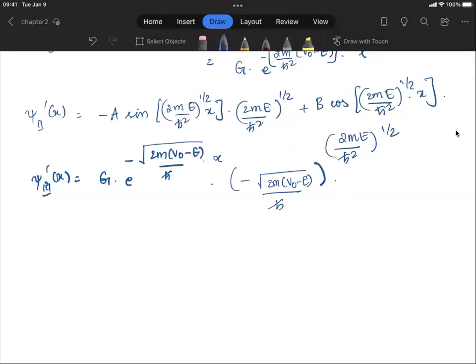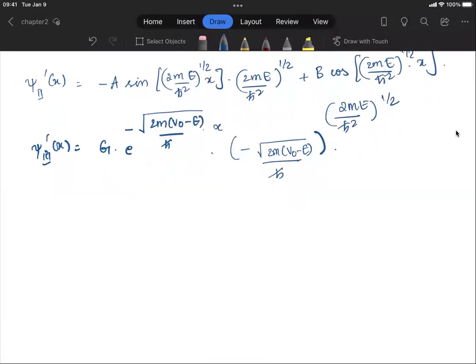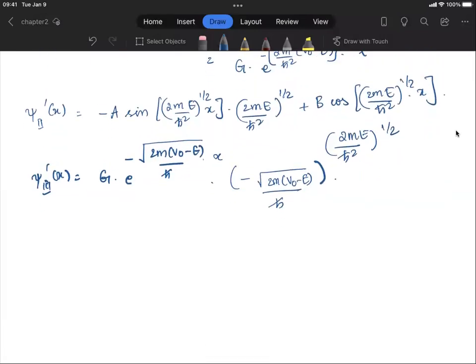So this would be the first derivative of psi 3 of x. Now we have to equate these derivatives when x equals L.